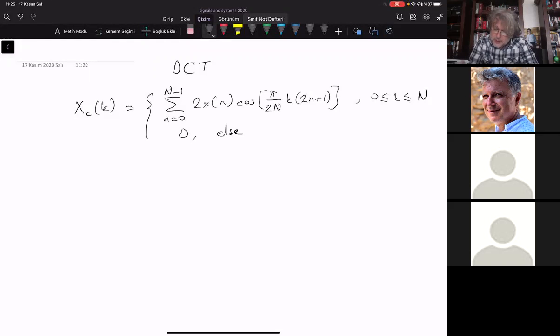Now this discrete cosine transform with this kind of an expression resembles something. Let's take a look at it and compare it to e to the minus j 2 pi over N k n. But there is a difference.